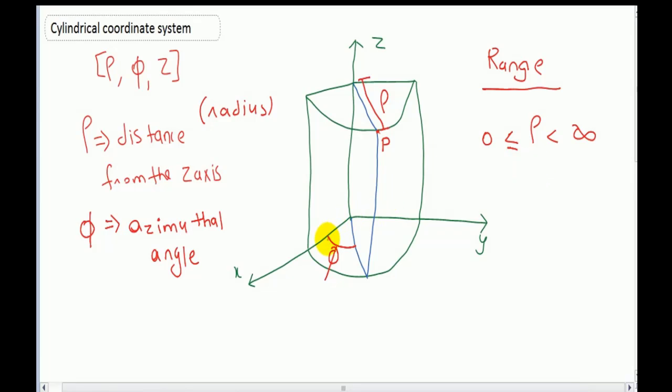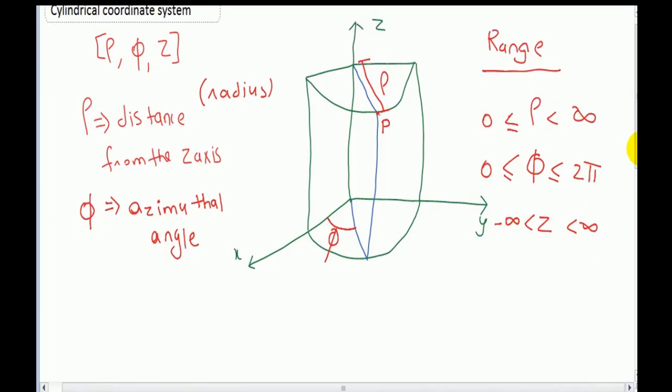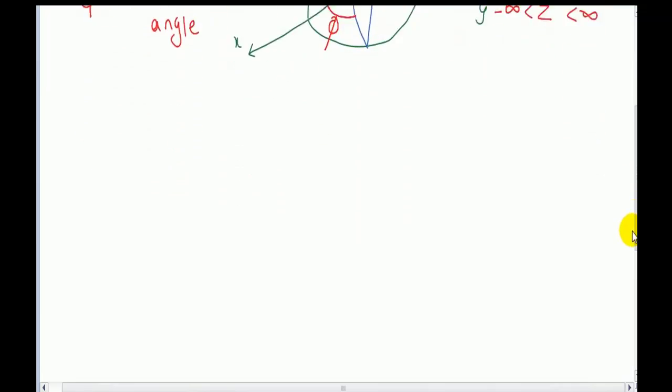Now for phi, it should cover the whole circle, so the range of phi will be 0 to 2 pi, and z will be similar to the Cartesian coordinate system, that is from minus infinity to plus infinity. So this is about the range of the cylindrical coordinate system.